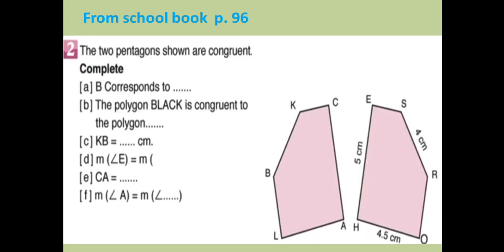From your school book, page 96, there are two pentagons shown that are congruent. He wants the corresponding letter to P. B corresponds to R, and the polygon BLAK is congruent to the polygon.